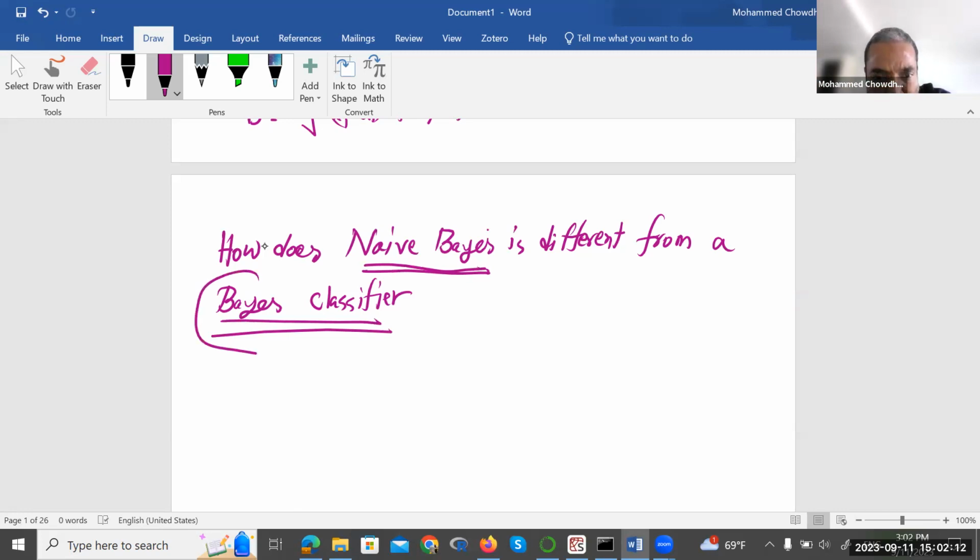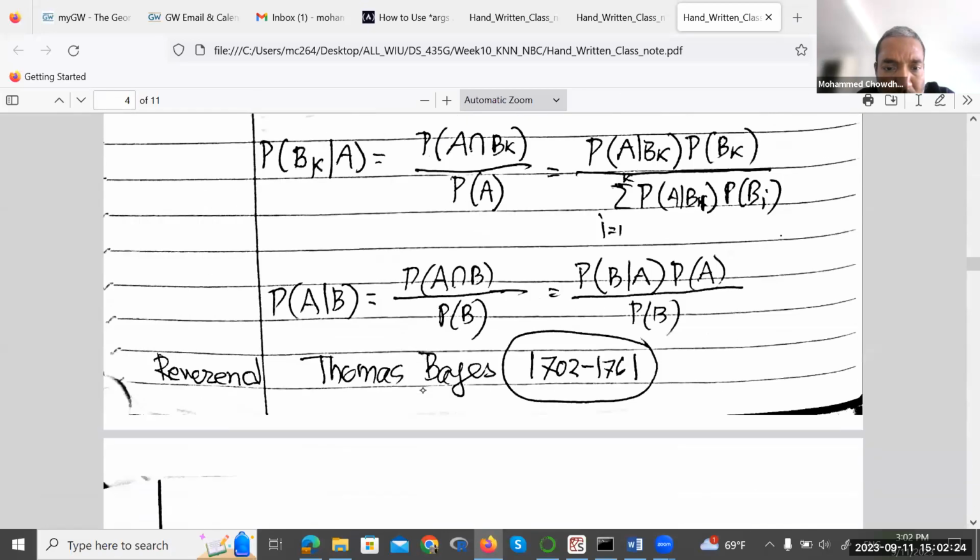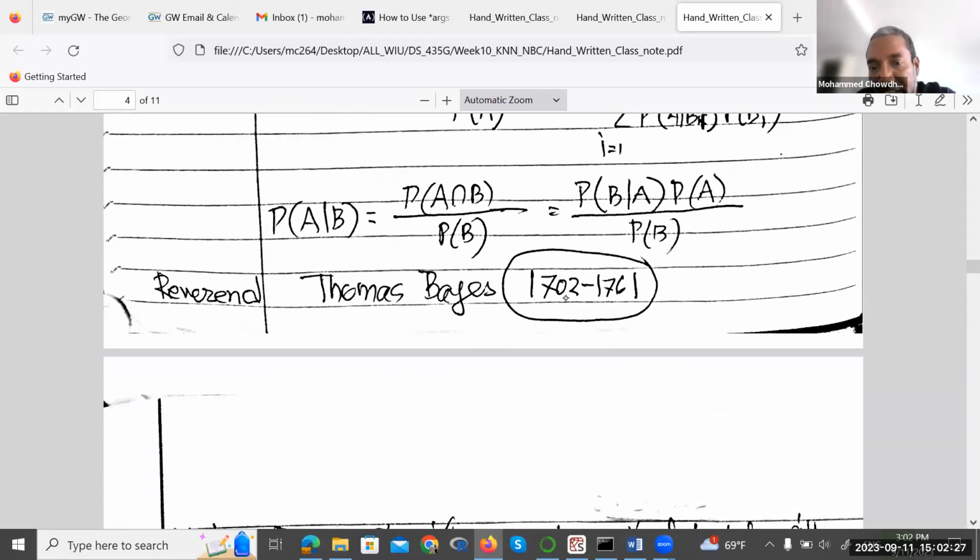Because the Bayes classifier was already existing, developed by the Reverend Thomas Bayes, 1702 to 1761. So this Bayes theorem already exists. So why are we unable to use this theorem, and why do you need naive Bayes? That needs explanation. If you understand the explanation, then things will be way easier.